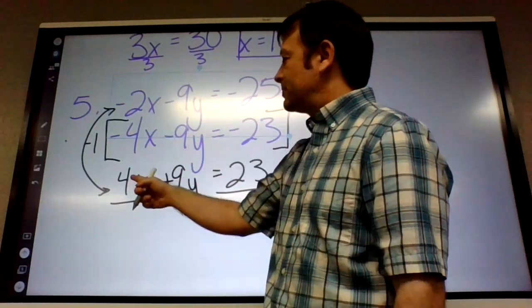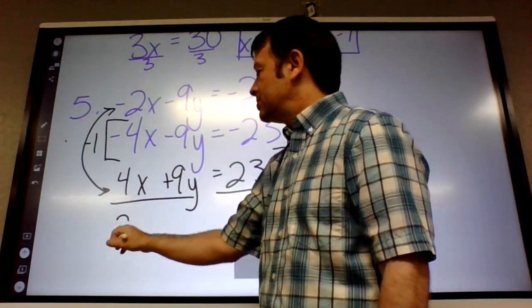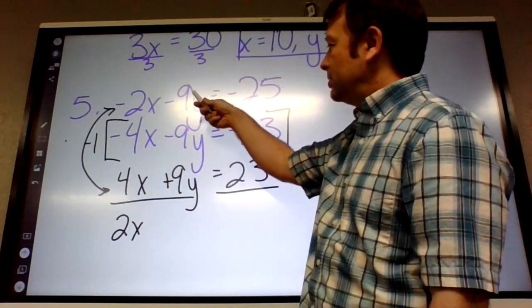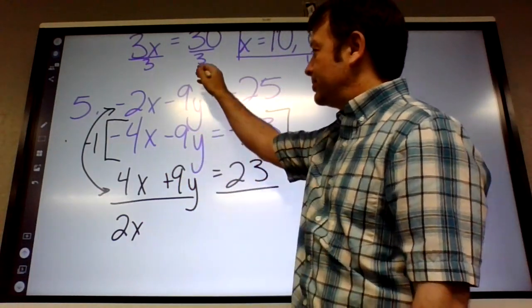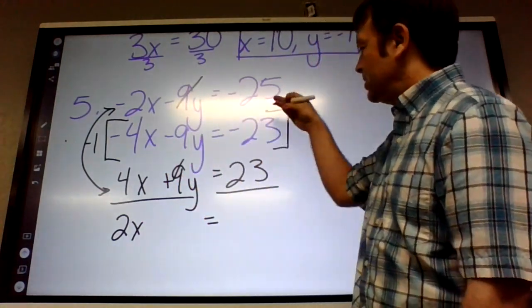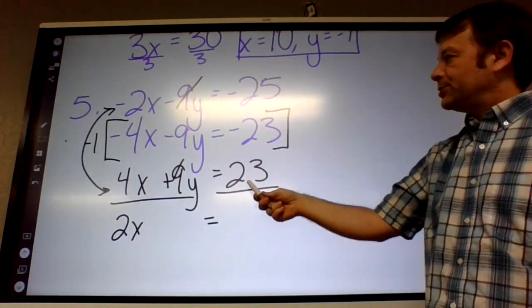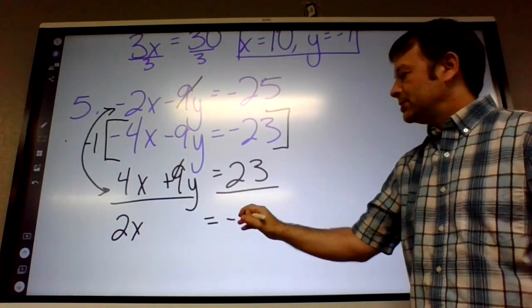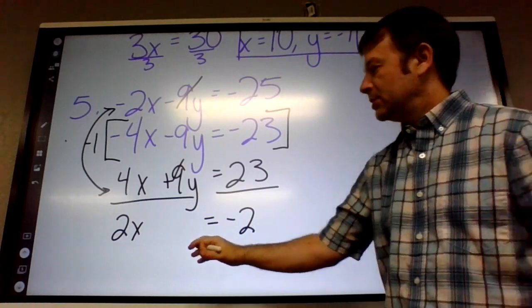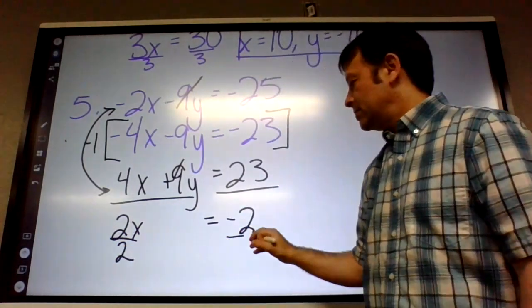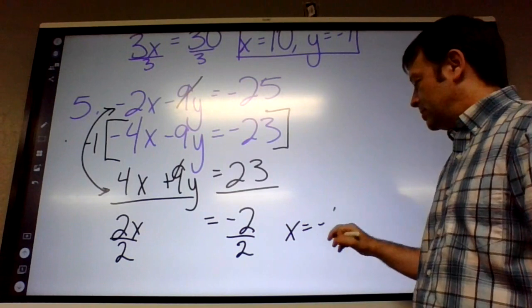Negative 2x plus 4x is 2x. Negative 9y plus 9y, those are gone. And negative 25 plus 23 is negative 2. So x is negative 1.